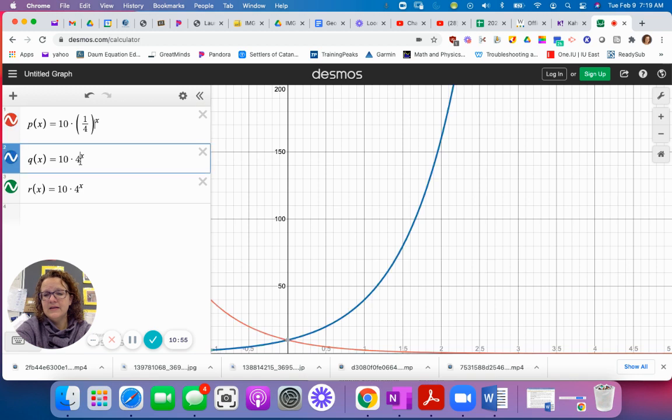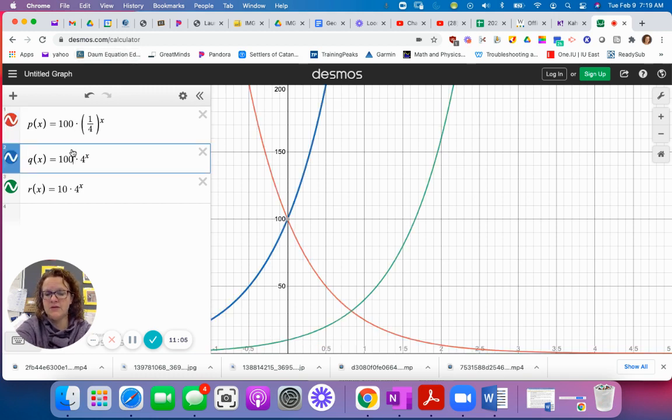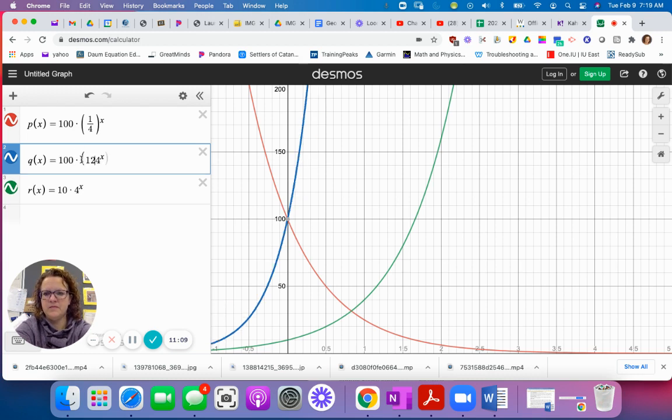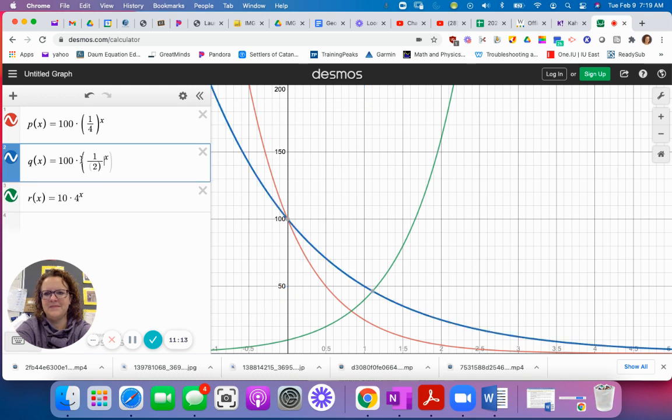Okay, so only 1/4 of your initial amount remains. So you're losing more of it. You're losing 3/4. You have 1/4 remaining. Too many parentheses. Okay. Here you're losing half.